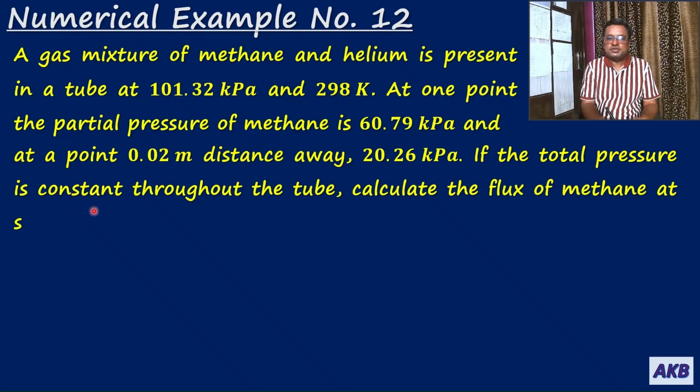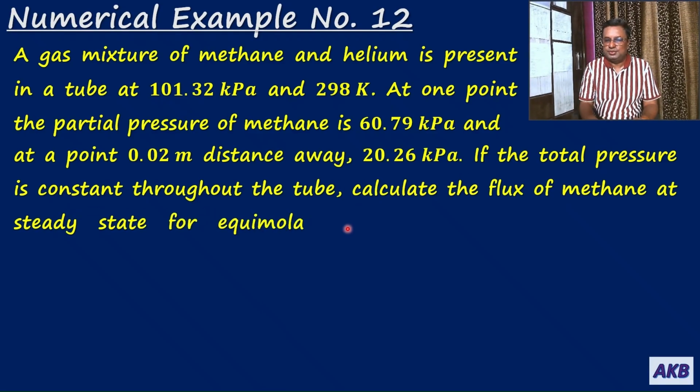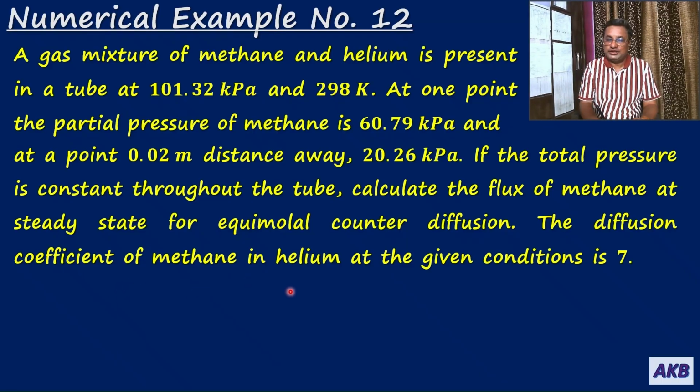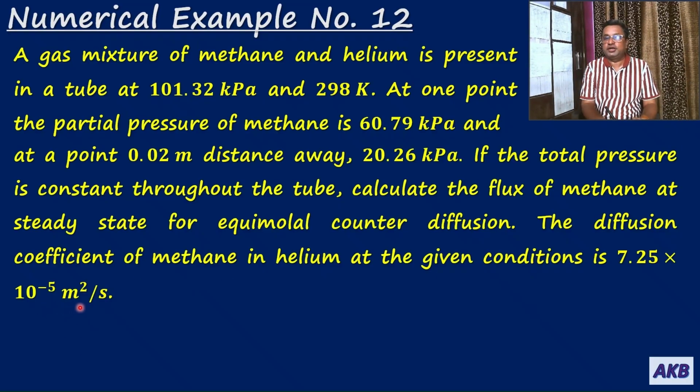If the total pressure is constant throughout the tube, calculate the flux of methane at steady state for equimolal counter diffusion. The diffusion coefficient of methane in helium at the given conditions is 7.25 into 10 to the power minus 5 meter square per second.